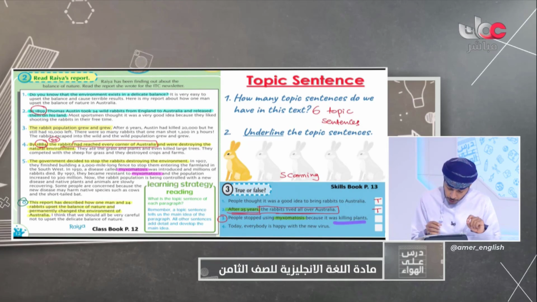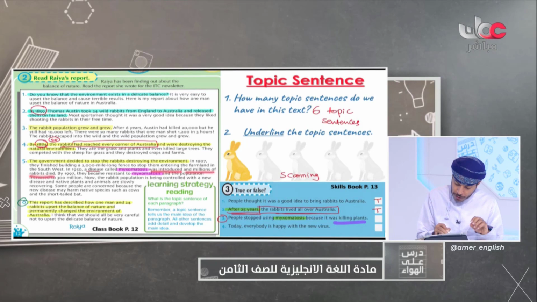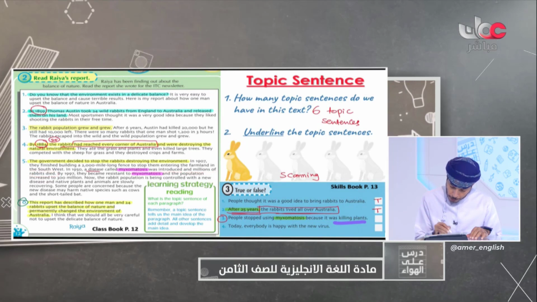Let's read it. So a disease, it's written like this. In 1950, a disease called myxomatosis was introduced and millions of rabbits died. Okay, so it killed rabbits, not plants. Very good.